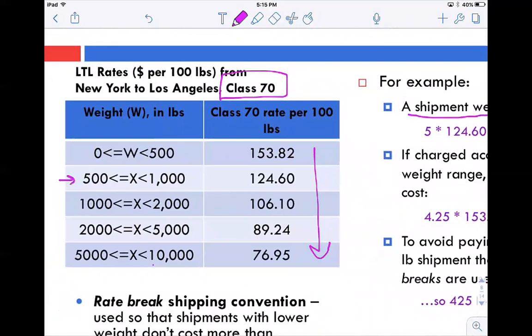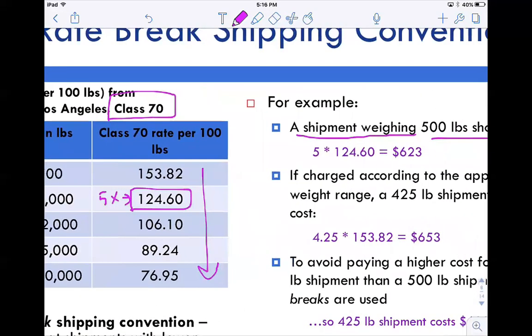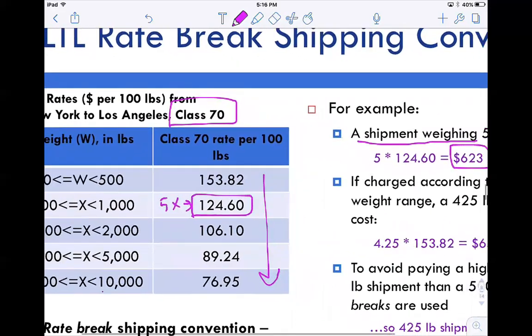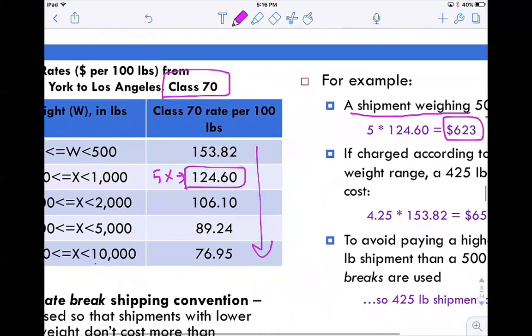These costs are per 100 pounds, okay? So it will be just 5 times this one, right? If you calculate it, it is actually going to cost me $623 to send 500 pounds from New York to Los Angeles, according to this pricing mechanism.